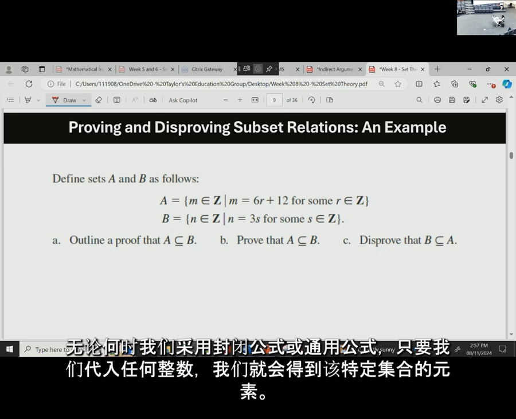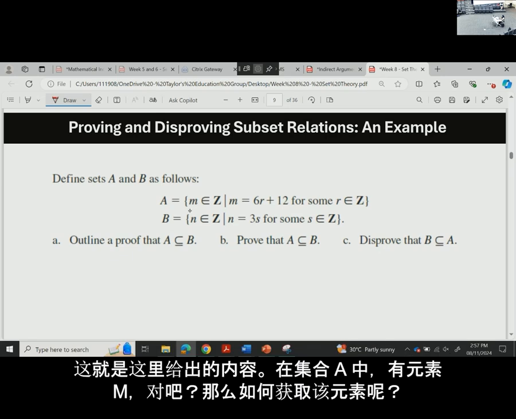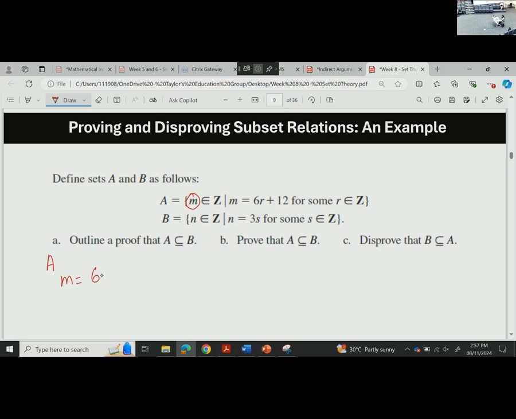Means whenever we take the closed formula or general formula, whenever we plug in any integer, we will get the element of that particular set. So that is what is given over here. In set A, you have elements m, okay, and how you can get that element?